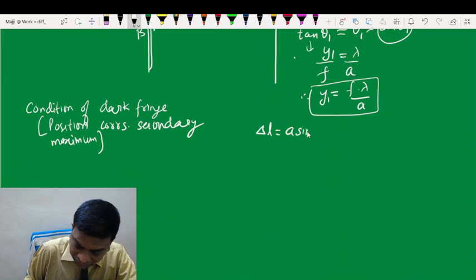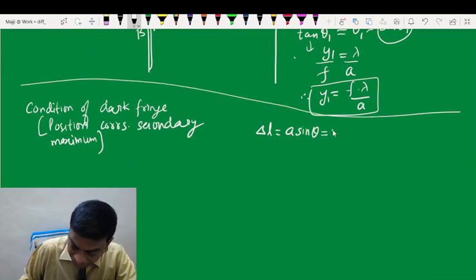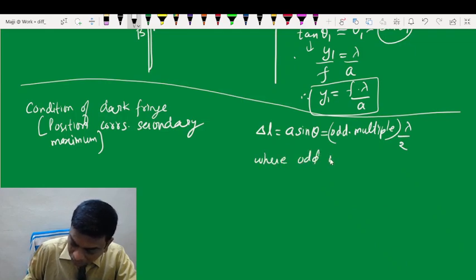So a sine theta should be an odd multiple of lambda by 2, where this odd multiple begins from 3, 5, 7 and so on.